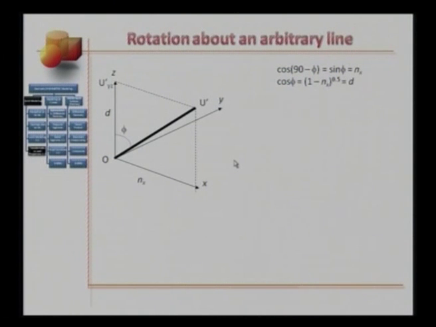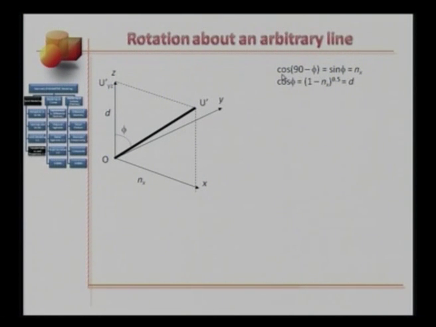What is phi? From trigonometry, this angle is 90 minus phi, and so the cosine of this angle is nx over OU prime, the length of which is 1.